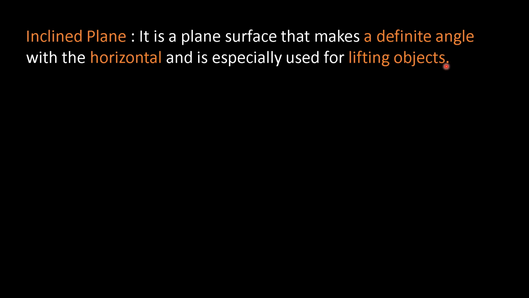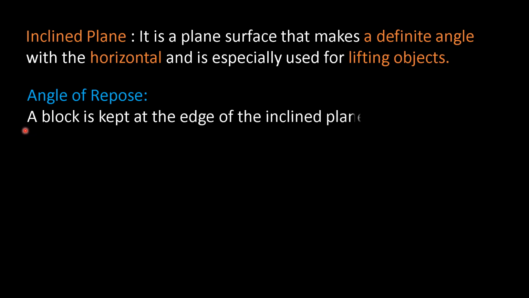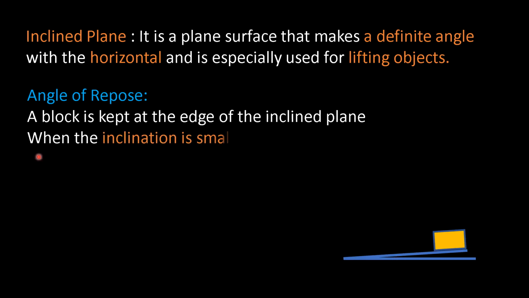We will use the inclined plane to understand the angle of repose. Now, a block is kept at the edge of the inclined plane. When the inclination is small, the block remains stationary.